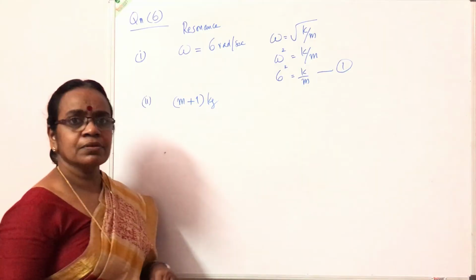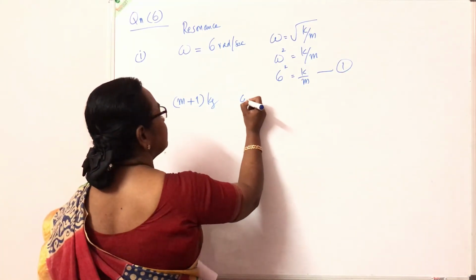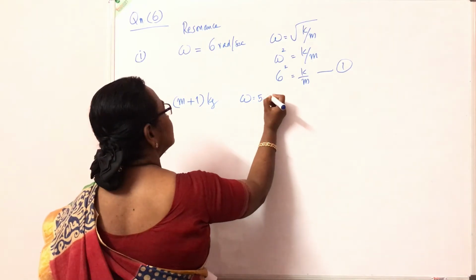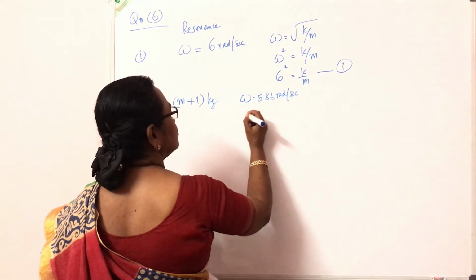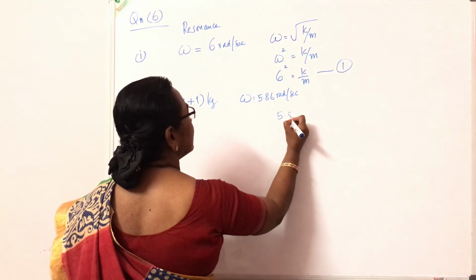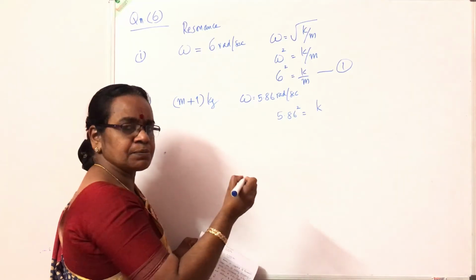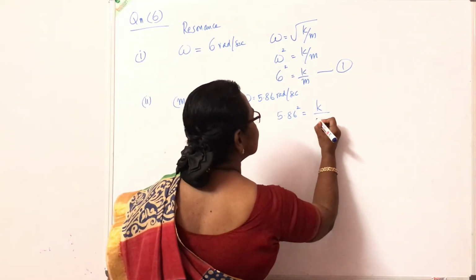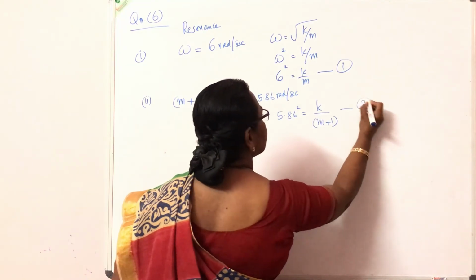So mass becomes m plus 1. At that time, the frequency becomes 5.86 radians per second. So squaring, 5.86 square is equal to k by m plus 1, since the stiffness of the system doesn't change. So this is the second step.